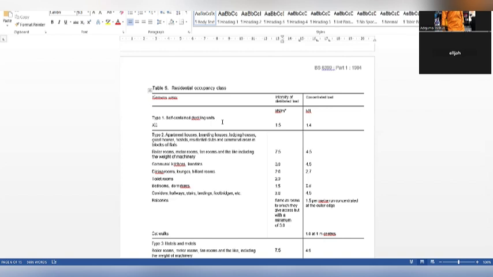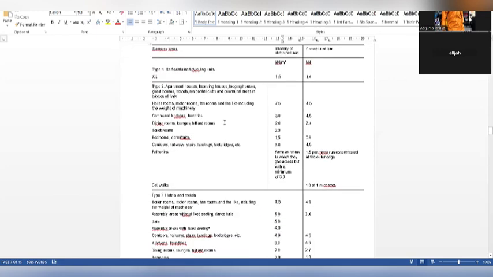If you're designing a residential building or structure, you discover from this table, particularly type 2, that all the classes of structure with dining rooms, lounges, toilet rooms, bedrooms, dormitories are within the range of 1.5 to 2.0. So when you're designing a residential building, it is safe to stay within that range.